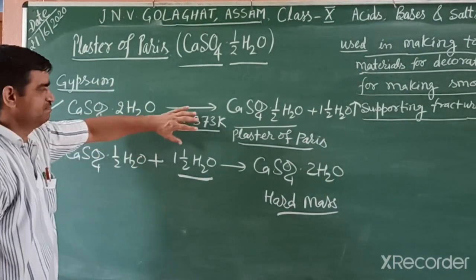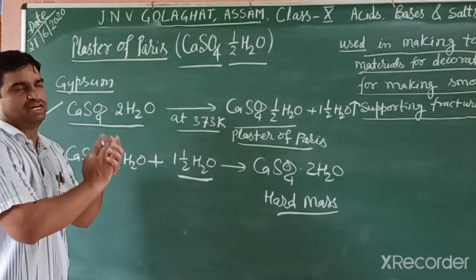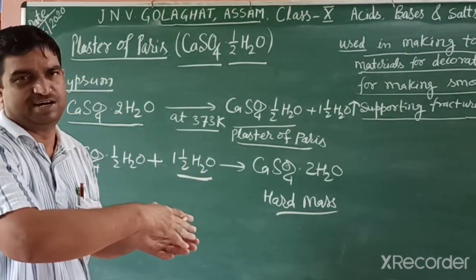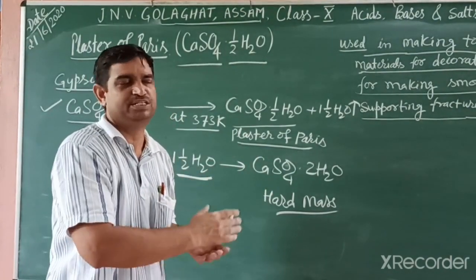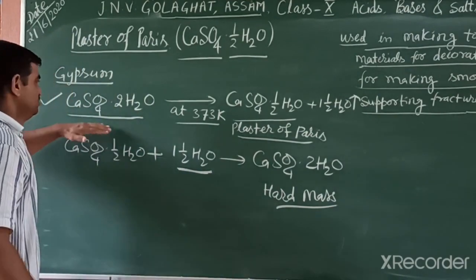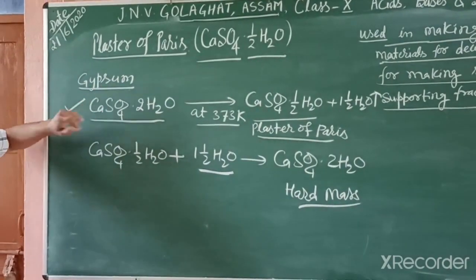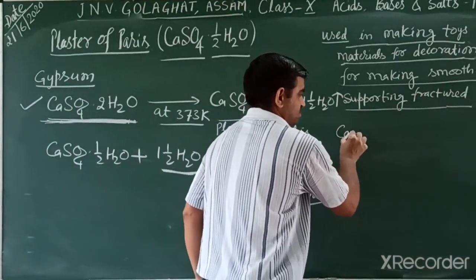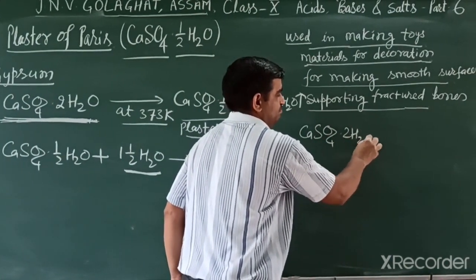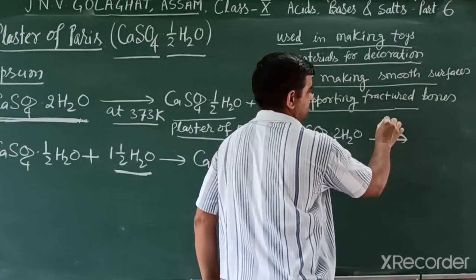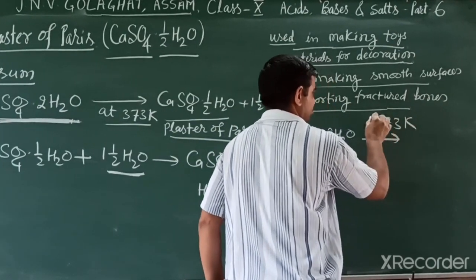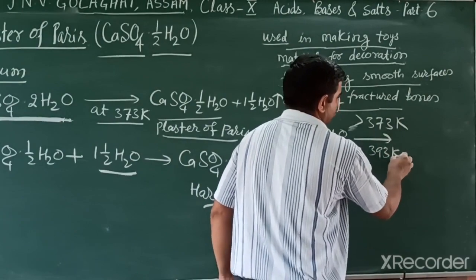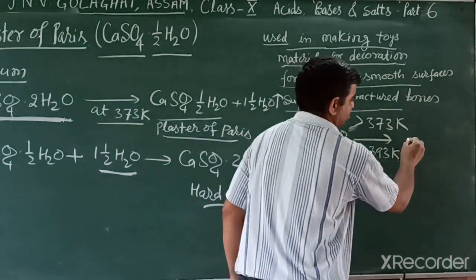The question comes: what happens if the temperature is not controlled? Like when we prepare vegetables, if you heat them more, the carbohydrate burns out and they turn black. In a similar way, if you do uncontrolled heating of gypsum, with the temperature increased to more than 373 Kelvin, sometimes even 393 Kelvin, then all the water molecules are released.